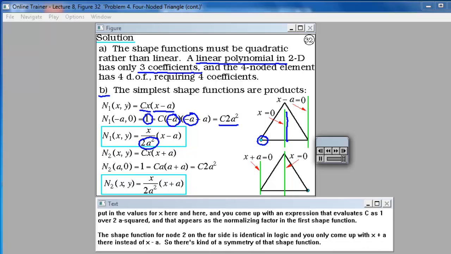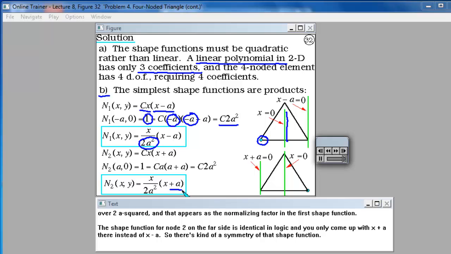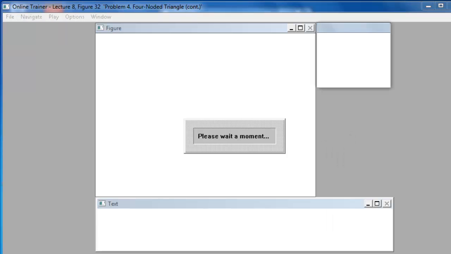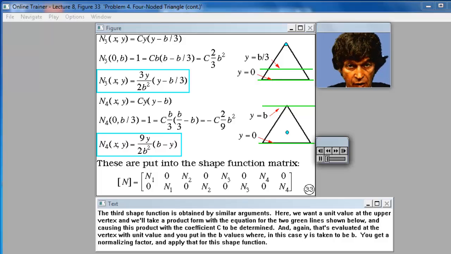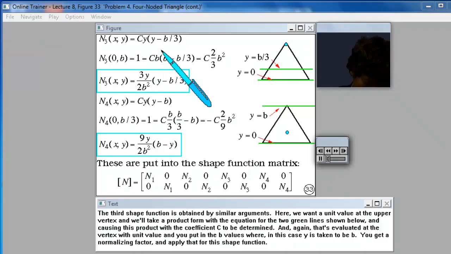The shape function for node 2 on the far side is identical in logic, and you only come up with x plus a there instead of x minus a. So there's a kind of a symmetry of that shape function. The third shape function is obtained by similar arguments.